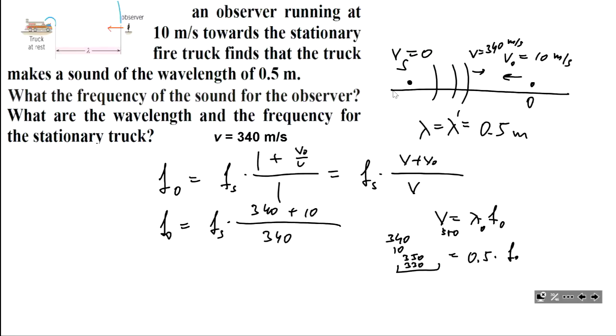So the speed of this object relative to this observer is equal to distance traveled over time. That's one situation. That's another situation. That's another situation. This is our situation.